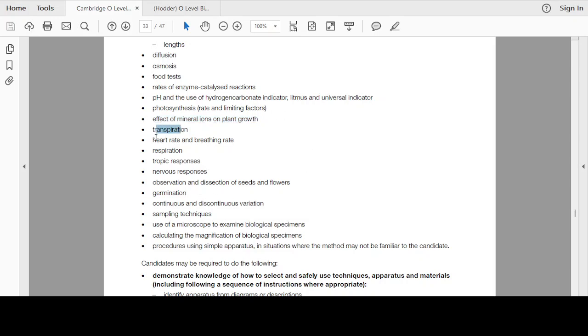So transpiration could be tested, heart rate and breathing, respiration, tropic responses, nervous responses, observation and dissection of seeds and flowers, germination, continuous and discontinuous variation, sampling techniques, use of a microscope to examine biological specimens, calculating the magnification of biological specimens, procedures using simple apparatus in situations where the method may not be familiar to the candidate.